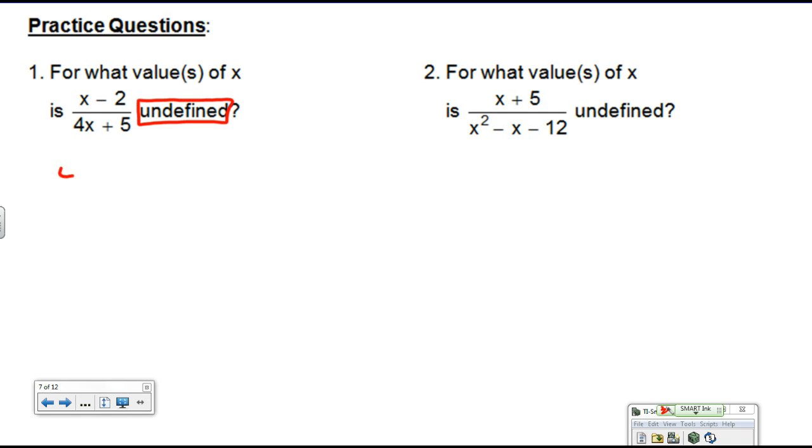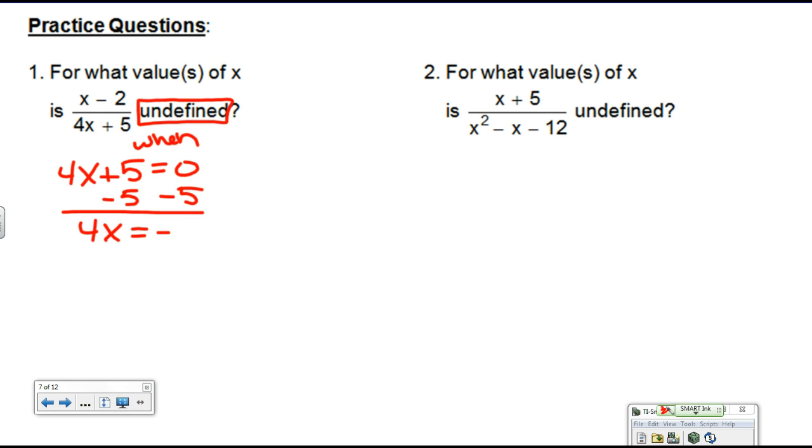Number 1 is undefined when 4x plus 5 equals 0. And then just solve. Okay, so this one would be harder to have checked on your table because that's not a whole number. Number 2 you can actually do on your table.